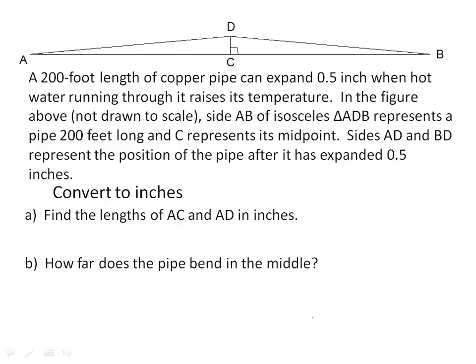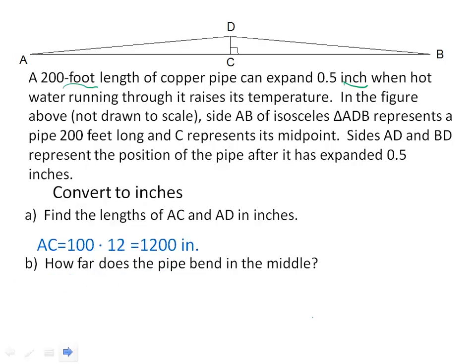Alright, find the lengths of AC and AD in inches. One of the keys to solving this is to realize that in the word problem itself, we're dealing with two different units, feet and inches. Well, let's get them talking the same language. It's a little bit easier if we convert into inches. So feet going into inches, 12 inches in 1 foot.